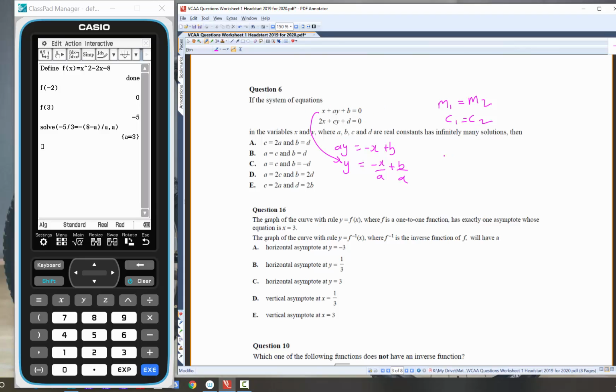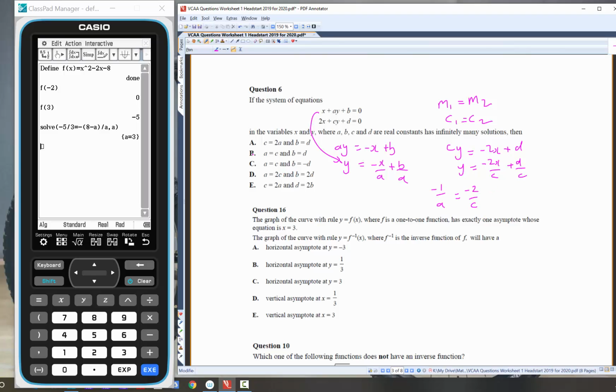All right, now this one we've got cy equals negative 2x plus d, y equals negative 2x over c plus d over c. All right, let's equate the gradients. Negative 1 over a equals negative 2 over c.